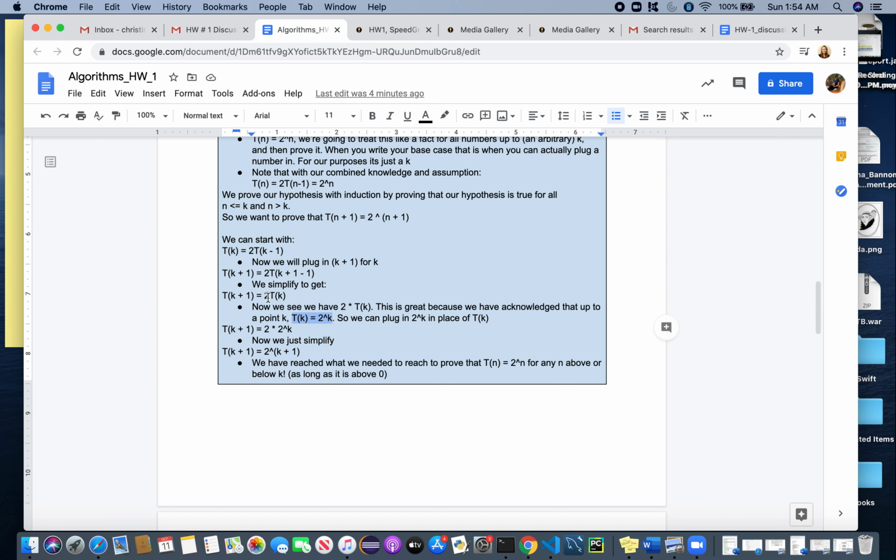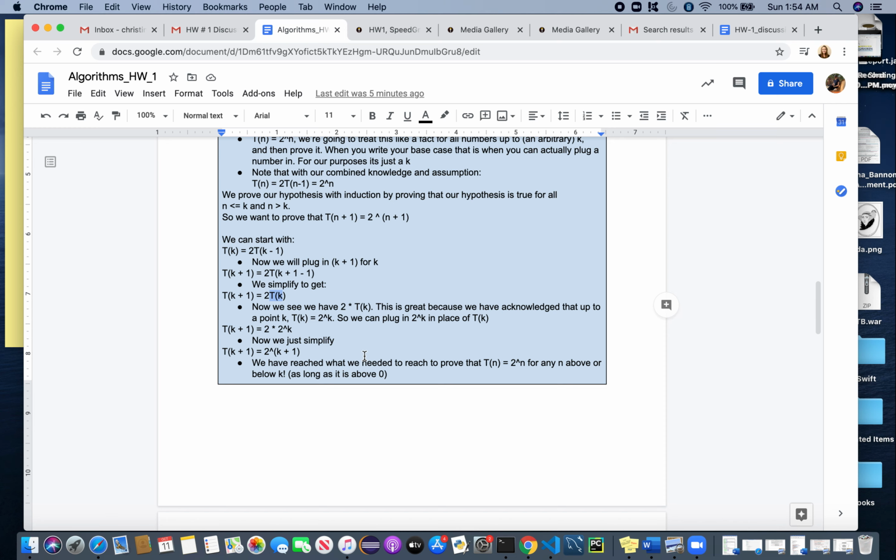So we can plug in 2 to the k for t of k. So after we swap out t of k for 2 to the k, it's also clear that t of k plus 1 now equals 2 times 2 to the k.